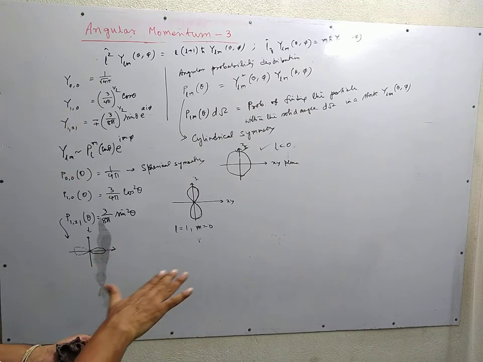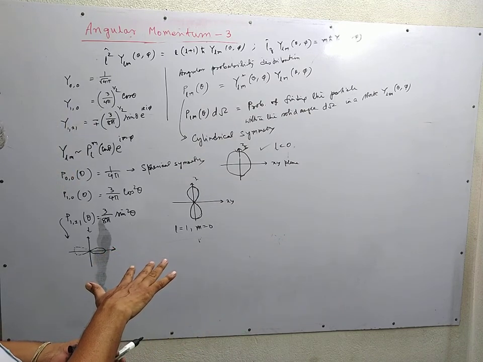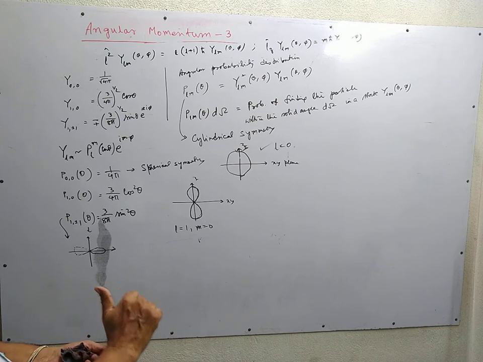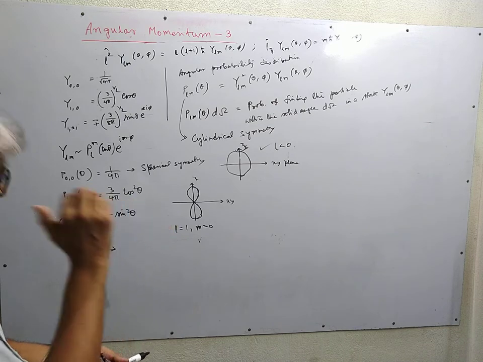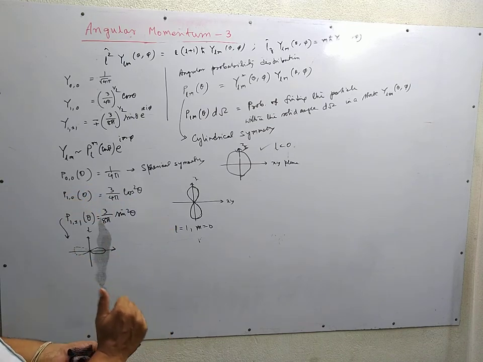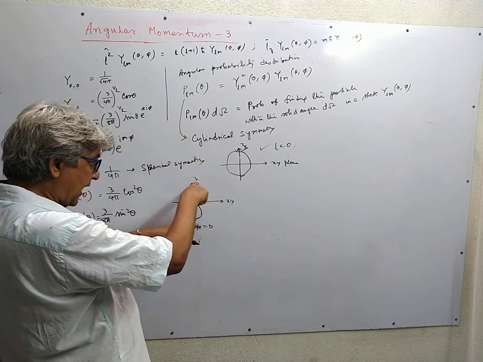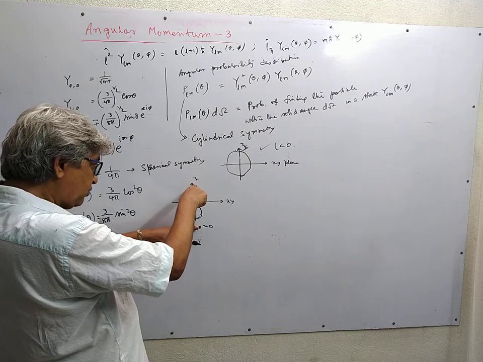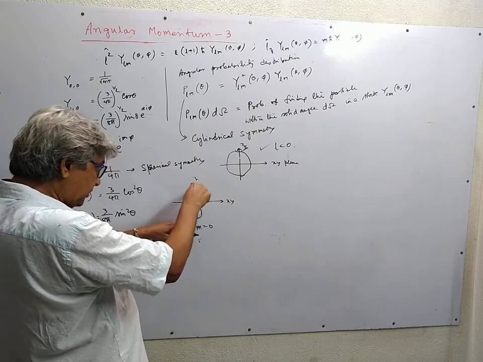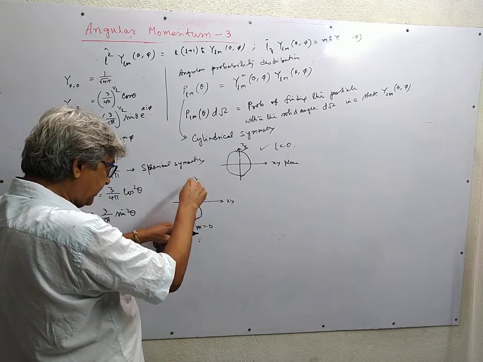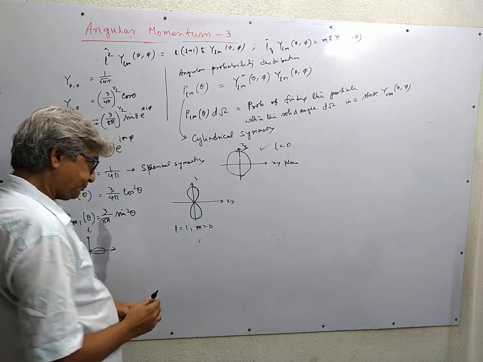So the rotating quantity is in the xy plane, so its vector direction is perpendicular to the direction of rotation. So it is the maximum probable that it will have a maximum probability on the z-axis.